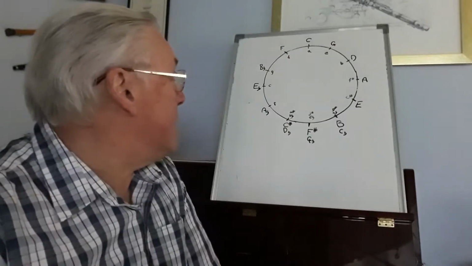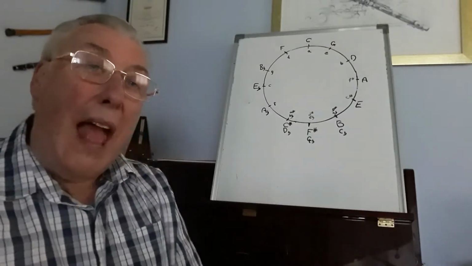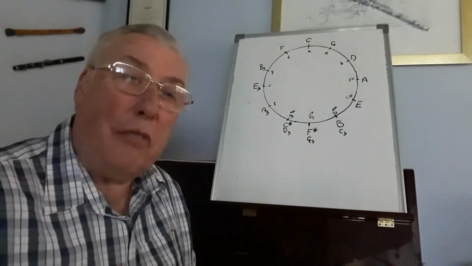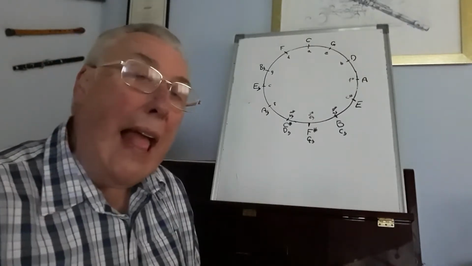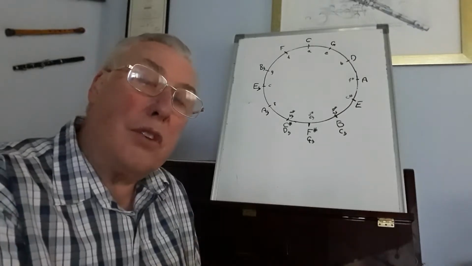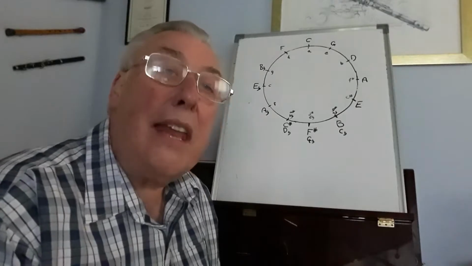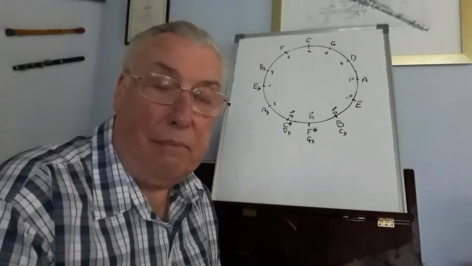So let's go back into music history and see how they coped with all this issue of the perfect fifth being not quite in tune. If you go all the way back to medieval times, they had a hexachordal system.